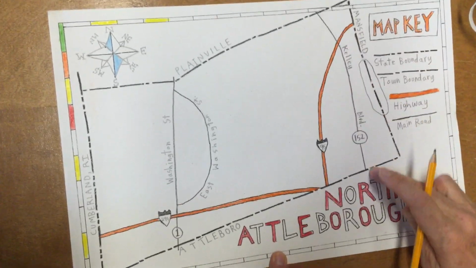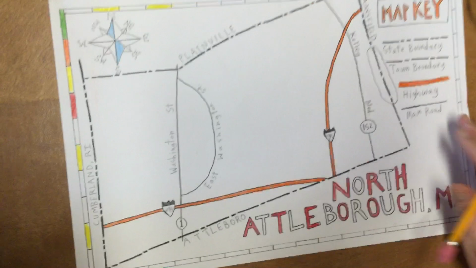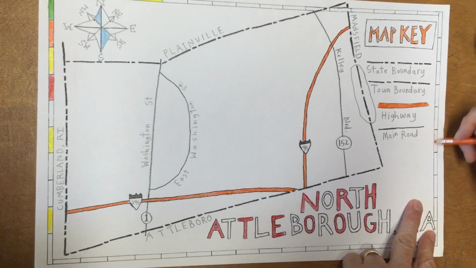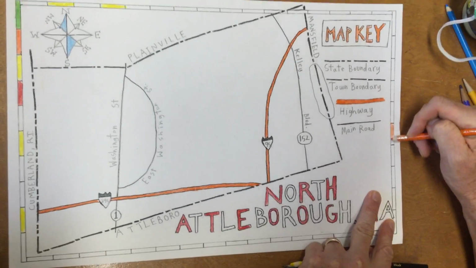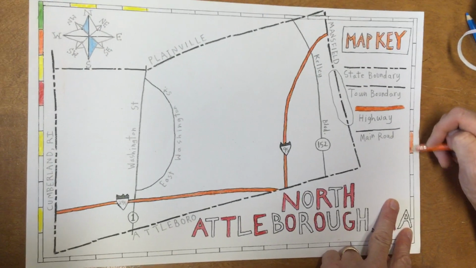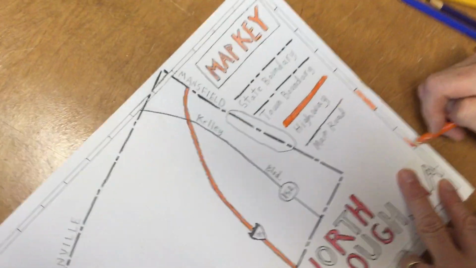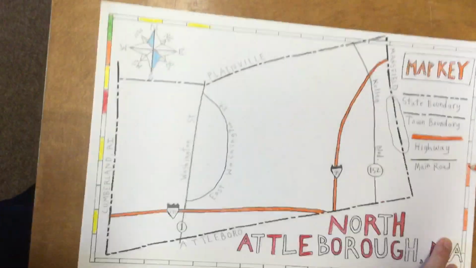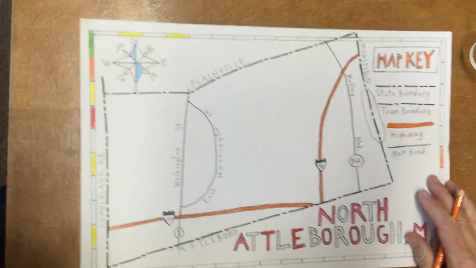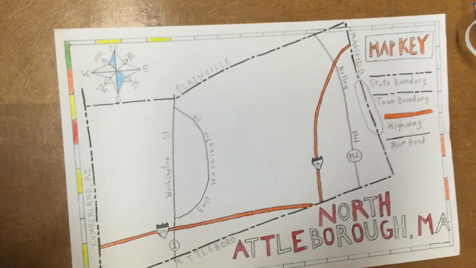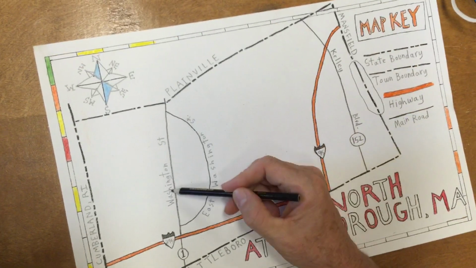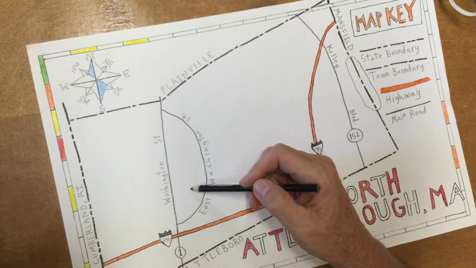So there's our third road. I'll give you a chance to catch up a little bit. Okay, are you ready for the next road? The next road is pretty easy to locate. It's going to connect Kelly over to these first two roads that we did.